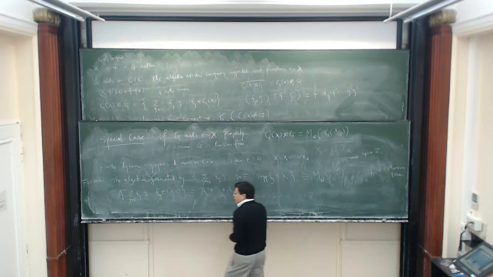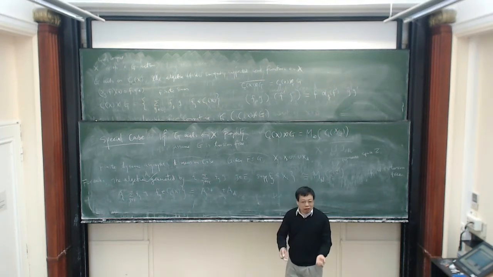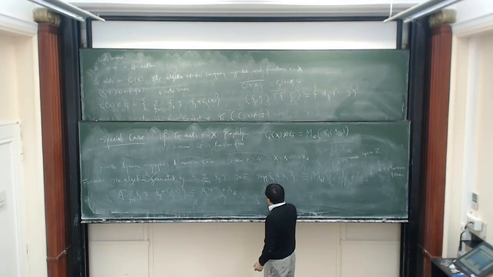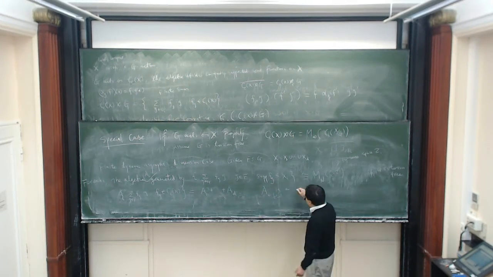On the other hand, they are not very far from being ideals. So roughly speaking, each AI is, I did not define this, but this is an ideal in scale.